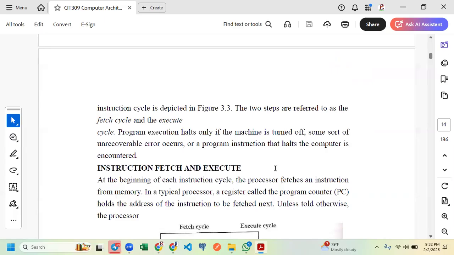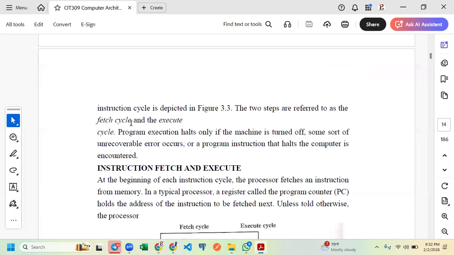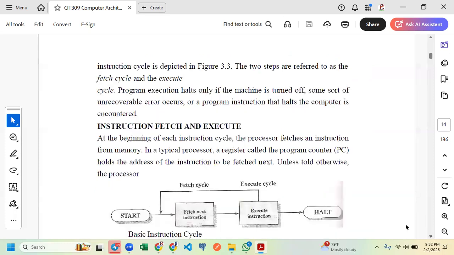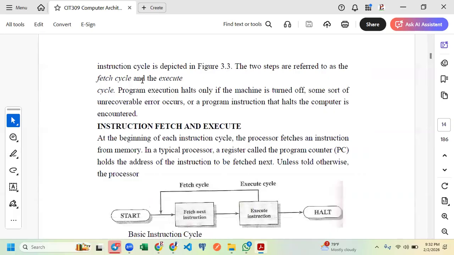So the two steps are referred to as the fetch cycle and the execute cycle. Now, program execution halts only if the machine is turned off.